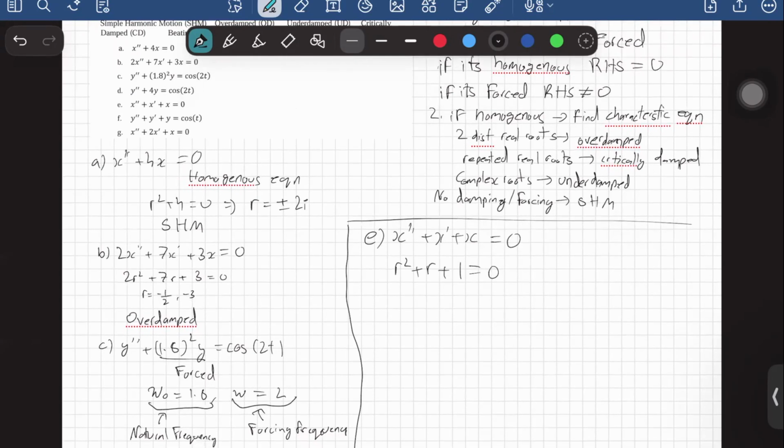Again, we use the quadratic formula to find the roots: x equals negative b plus minus square root of b squared minus 4ac, divided by 2a.